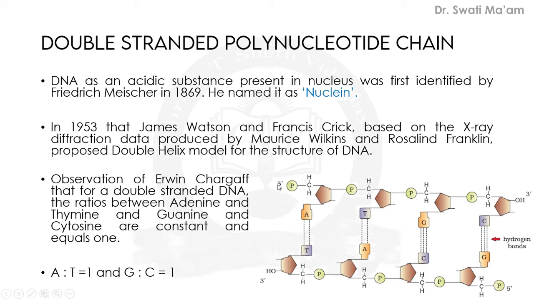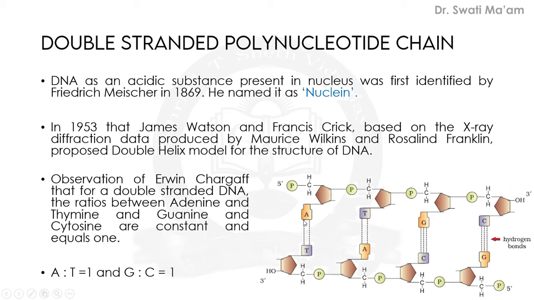Because here it has the 5' end and here the 3' end, but in the opposite polynucleotide chain it has the 3' end here and the 5' end there. If you see the structure of this pentose sugar, it is pointing towards this direction, but in this polynucleotide chain the pointed end is towards the opposite direction. So they are running anti-parallel to each other.